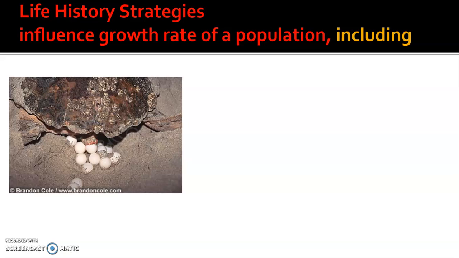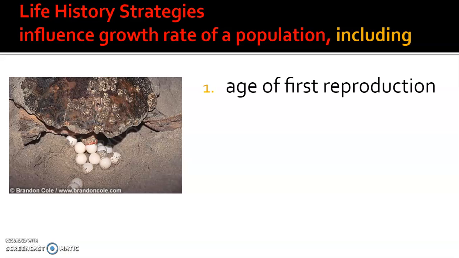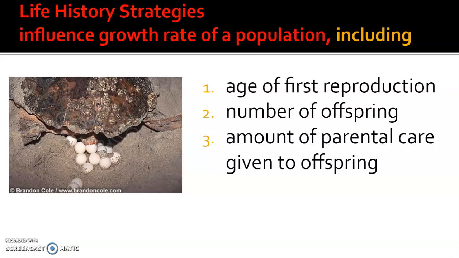And this includes, and this is your next box on your note sheet, the age of first reproduction. So how old is that organism whenever they are able to reproduce? Number of offspring, so how many offspring can that organism produce? And then the amount of parental care given to the offspring.